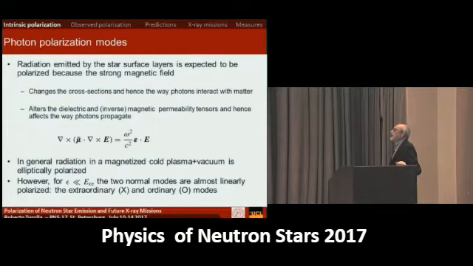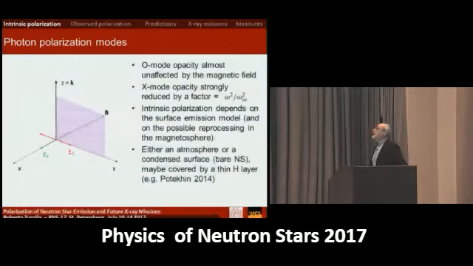However, if the photon energy is much smaller than the electron cyclotron energy, the two normal modes of polarization are almost linearly polarized, and they are called the extraordinary or X and ordinary or O modes. This is a cartoon which shows the direction in which the electric field of the radiation oscillates with respect to the plane made by the local direction of the magnetic field and the propagation vector k.